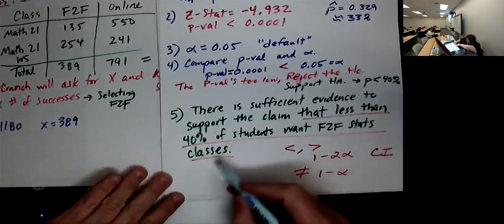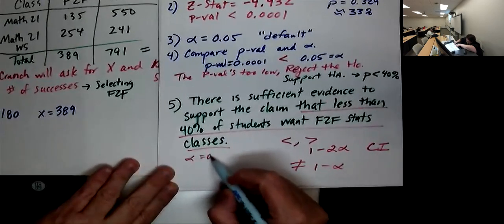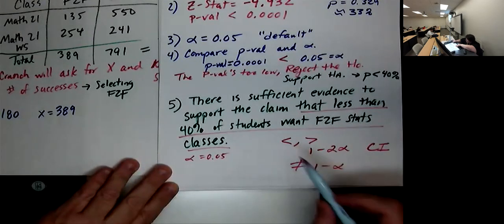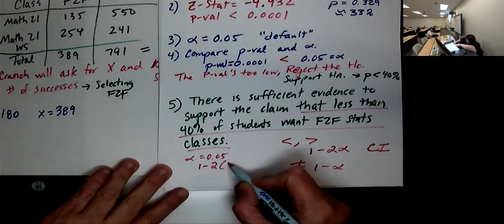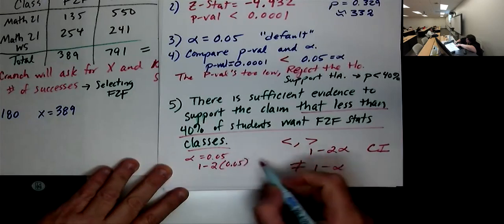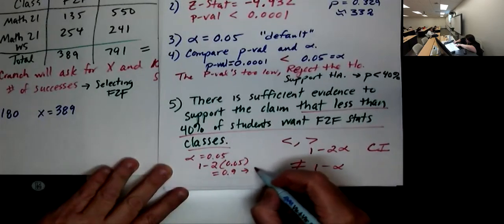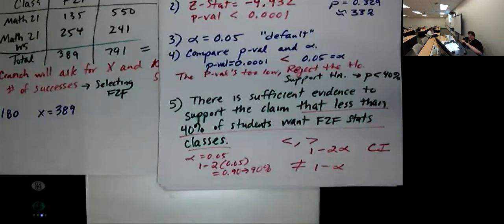So alpha here was 0.05, and I'm doing less than, so I'm under the 1 minus 2 alpha thing. 1 minus 2 times 0.05 gives me 0.9 or 90%. That's what I'm going to put in for my confidence interval right now in StatCrunch.